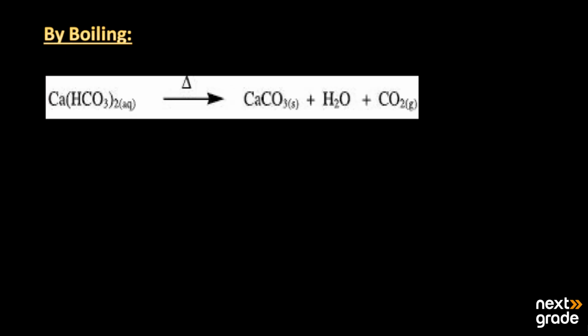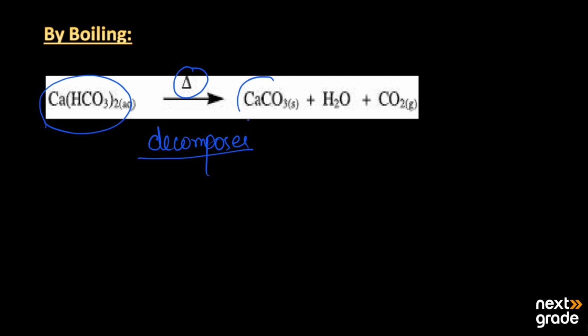Now, what we have to do in boiling: the temporary hardness can be removed by the boiling process. When we start to boil water that contains calcium bicarbonate and provide the heat, it simply decomposes into three substances.